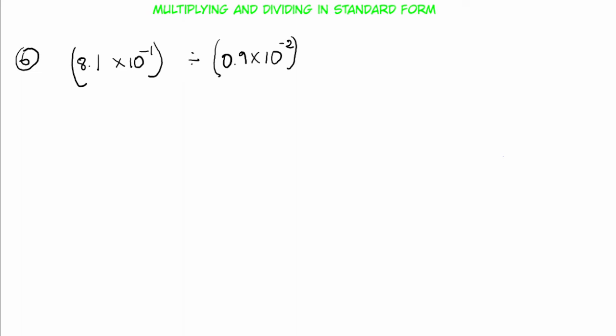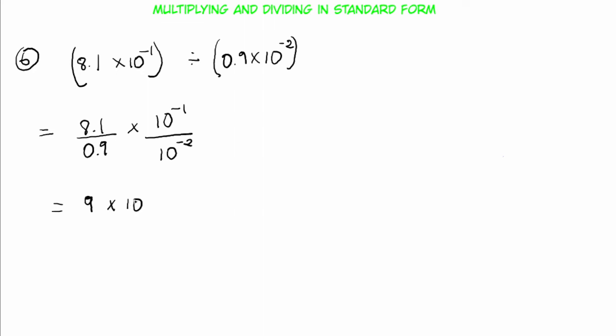By just looking at it, we know the first thing is to write as a fraction. So let's do that. We're going to write it as a fraction and separate them. So we would end up with 8.1 divided by 0.9 times 10 to the negative 1 power divided by 10 to the negative 2 power. Now let's divide to get our answer. 8.1 divided by 0.9 gives us 9.